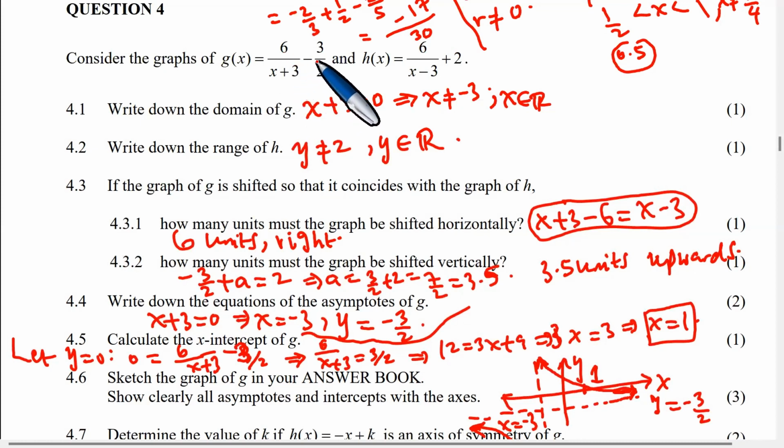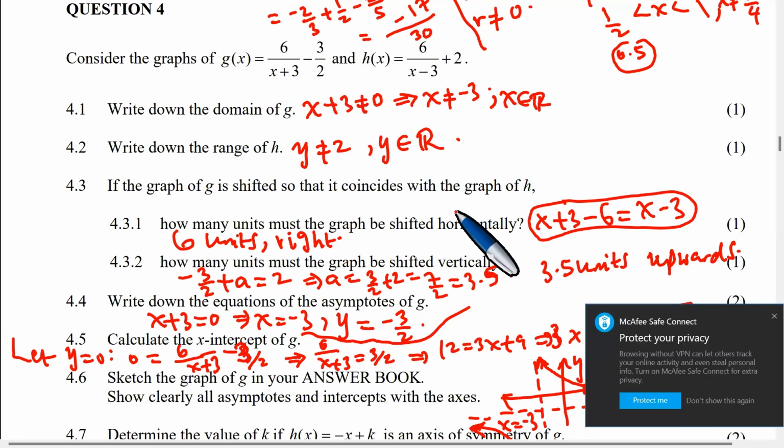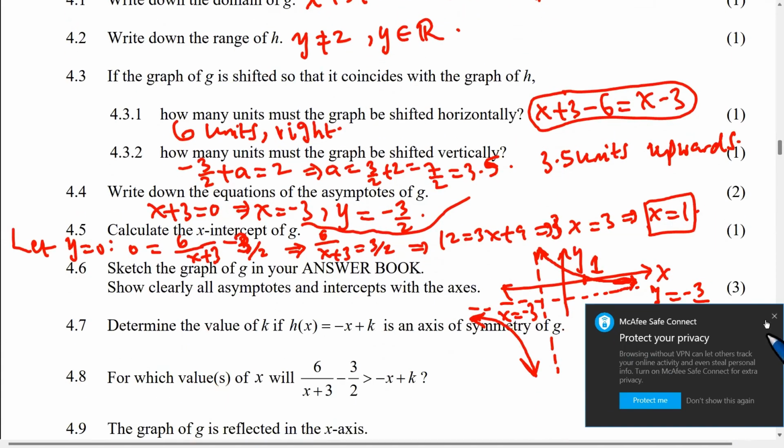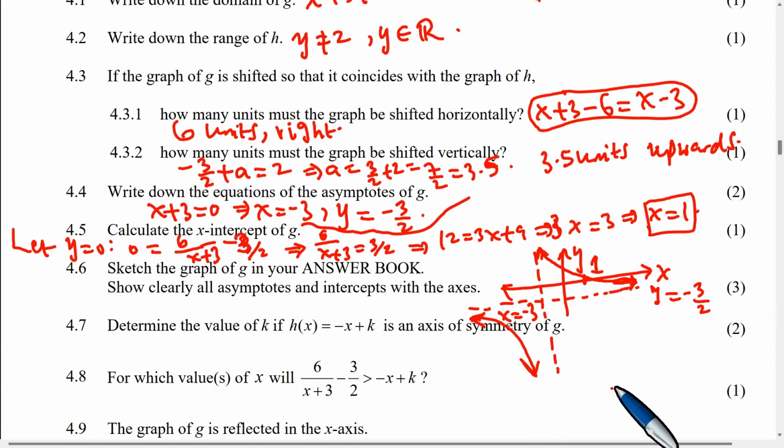What is 2 minus 3 over 2? 3 over 2 is like 1.5. 2 minus 1.5, you get a half. So in other words, the y-intercept here is going to be at 0.5.